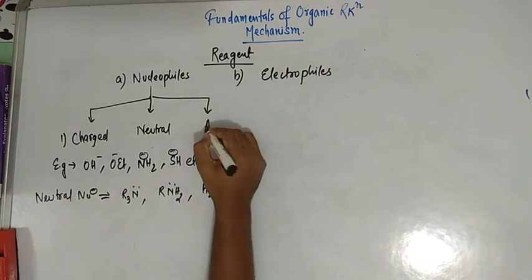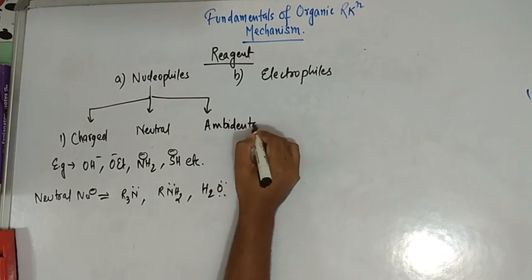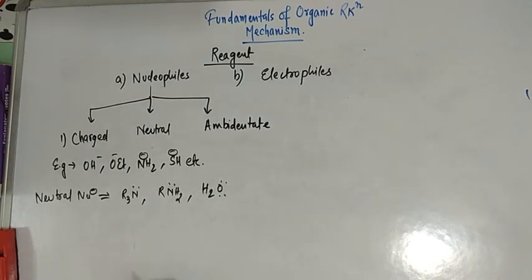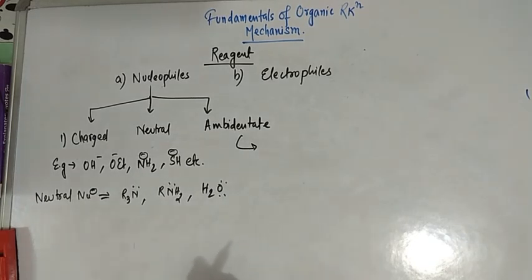Another type of nucleophiles is called ambidentate nucleophiles. Ambidentate nucleophile means those nucleophiles which have two centers to attack the substrate.